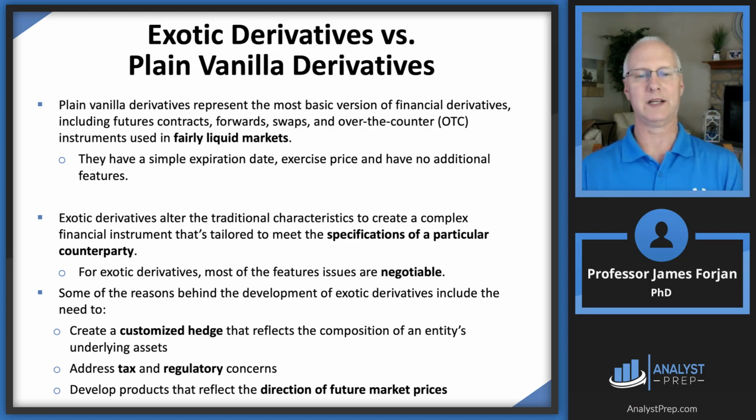You can create customized hedges, and you can hedge through regulation or taxes. One of the implications of all of these markets is that there's going to have a direct impact on future market prices.